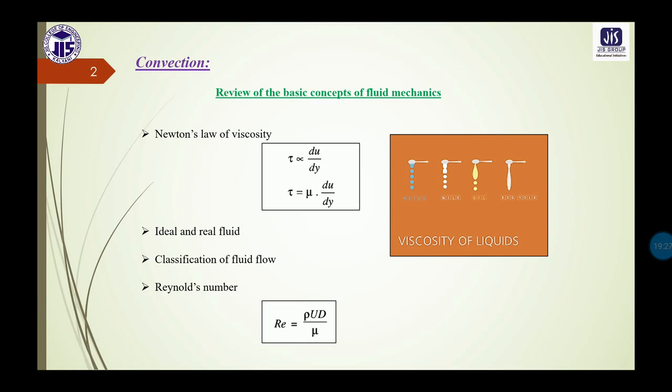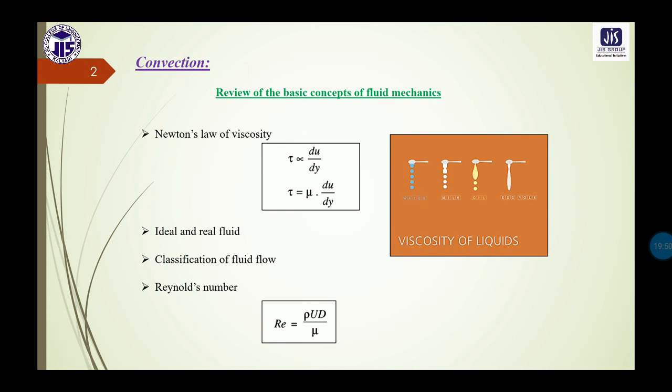Now this Reynolds number has its upper critical and lower critical values. It also depends on different factors like the initial turbulence in the flow, the shape of the pipe or the surface, and its roughness maybe.